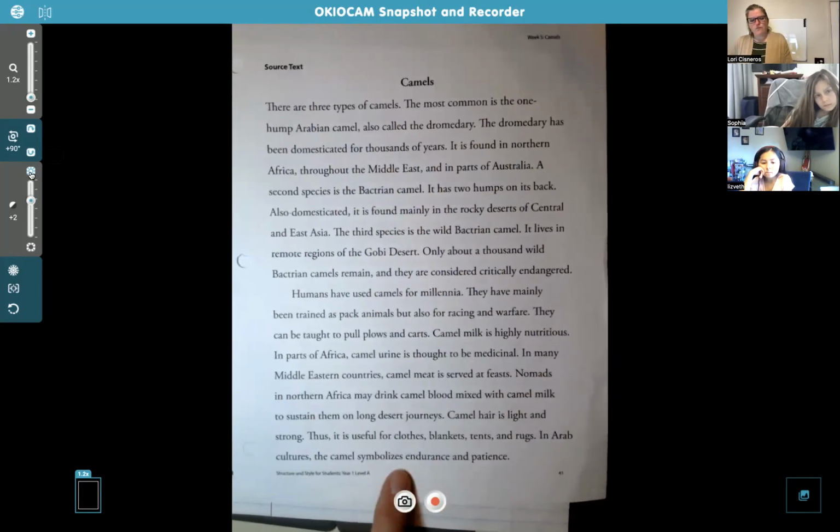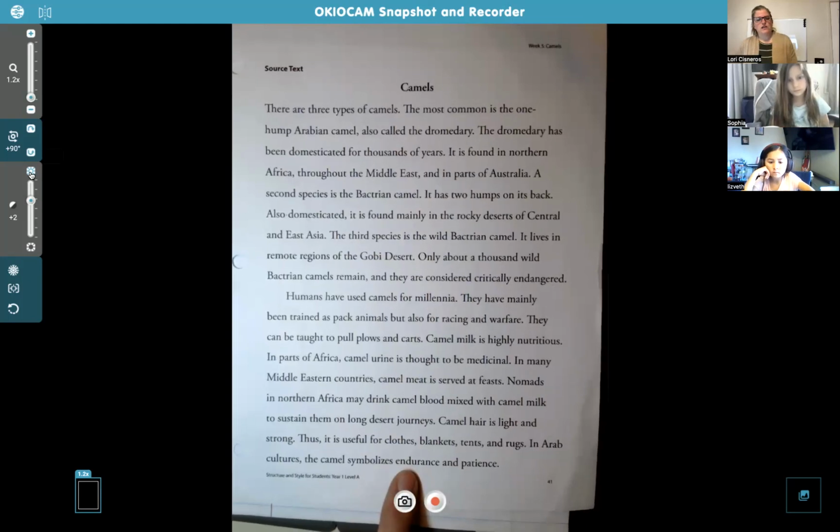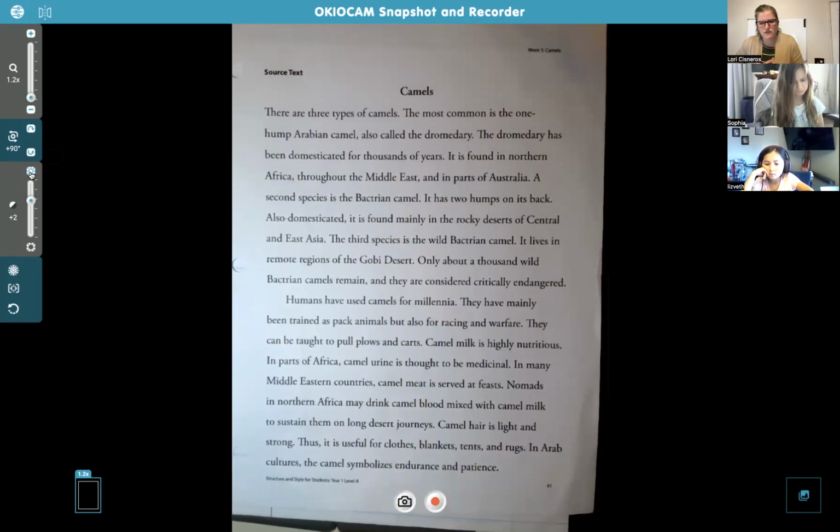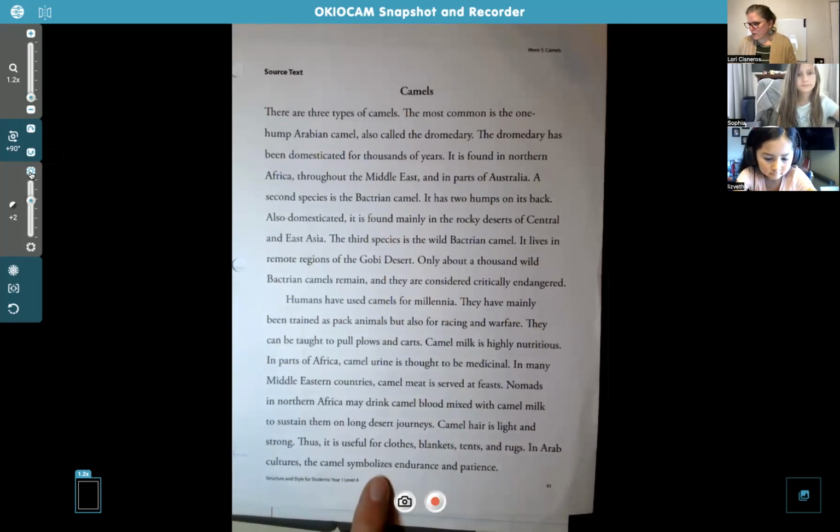And then finally at the bottom, it says symbolizes endurance. So symbolizes means something that represents something else, like the American flag, the red, white, and blue flag that we have, that symbolizes the United States of America. You see the flag, and then you know that means America. So that's a symbol.